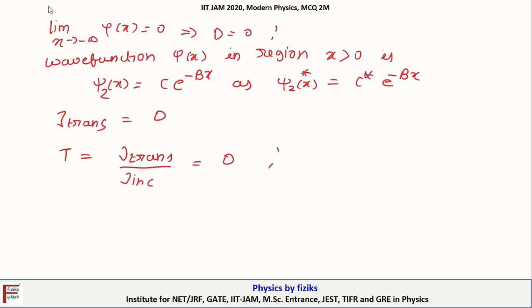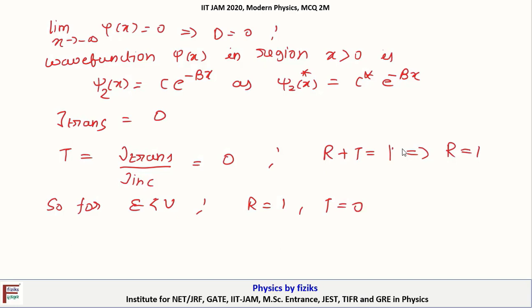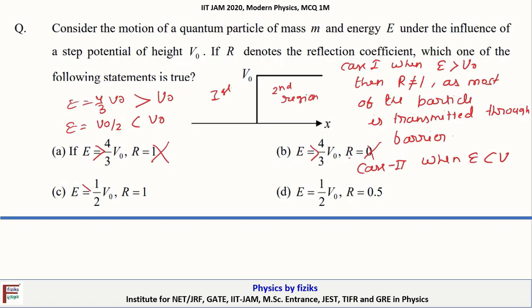So T is 0, but we know R plus T equals 1, which implies R equals 1. So for E less than V0, R is 1, T is 0. So which option is correct? Option C is correct.